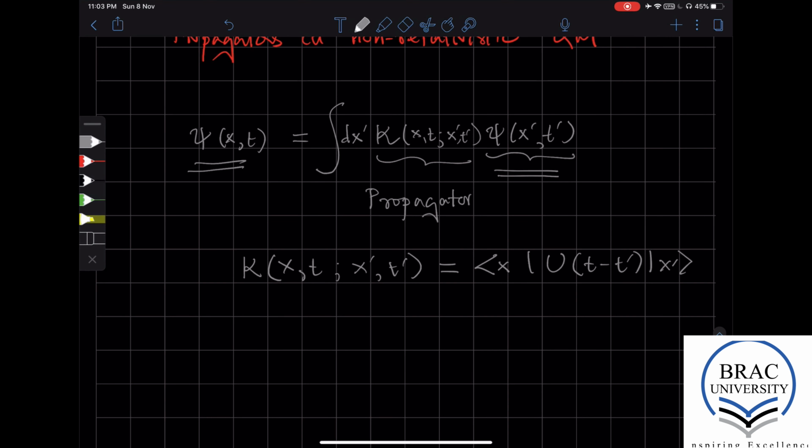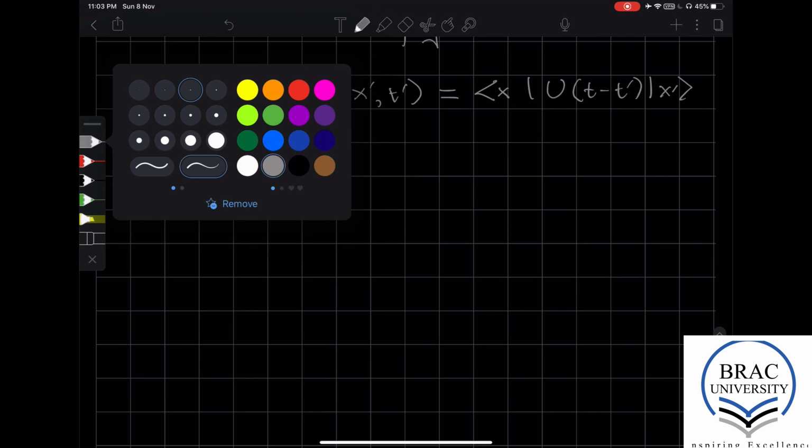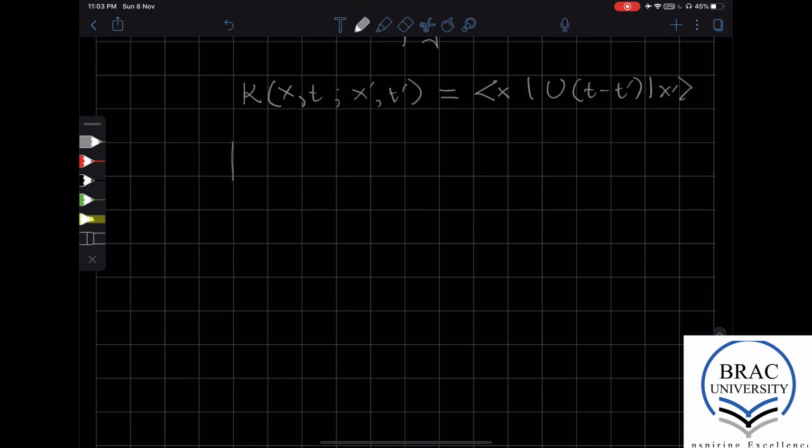Right. So if I draw a physical picture of this scenario, what I see is that I have time going that way. So this is time. And space is going in the horizontal direction. So at some initial time, say t prime, we label space coordinates by x prime.